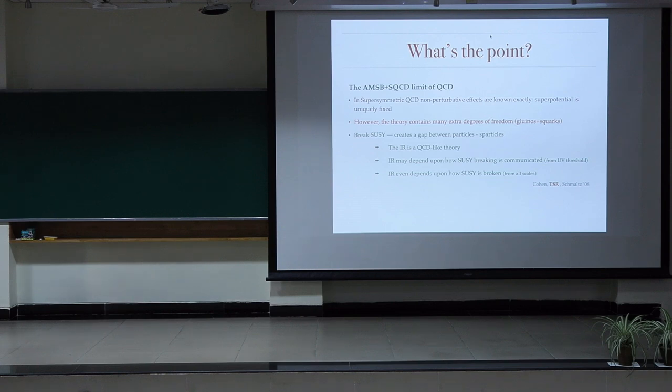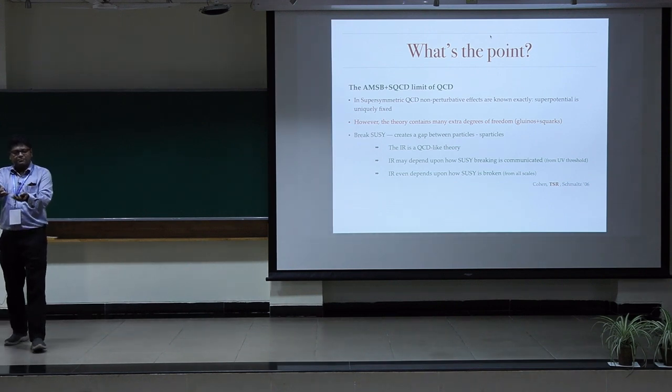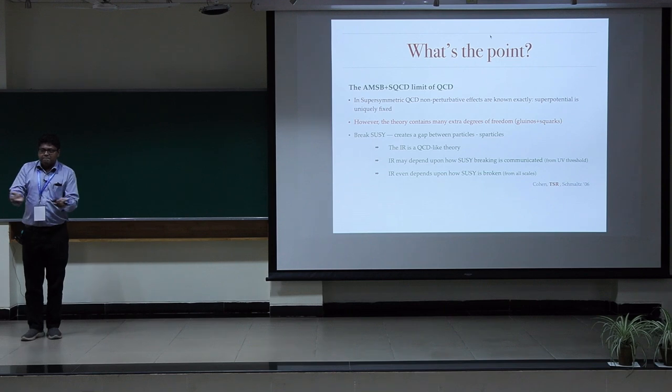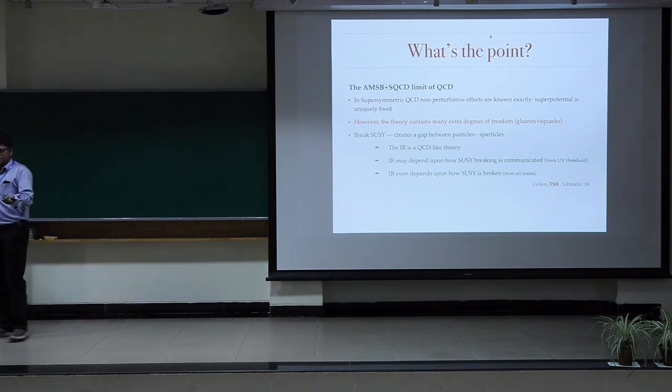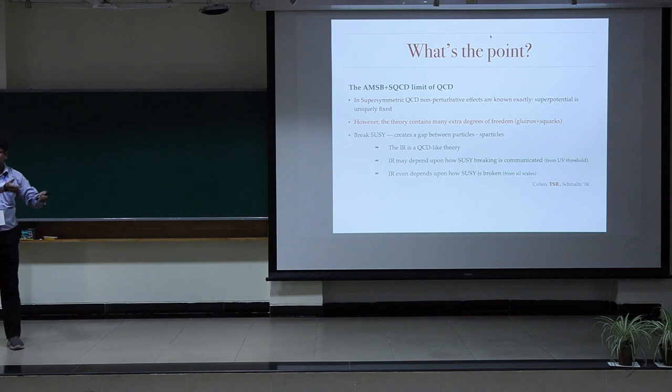Now comes the AMSB+SQCD, but before that, one would think, since I know SQCD, maybe I'll put in a little bit of SUSY breaking. So below the SUSY breaking scale, I get my QCD, and I will be able to have a lot more information about the strongly coupled QCD, because I'm starting with an exactly solved SQCD. That turns out to be difficult.